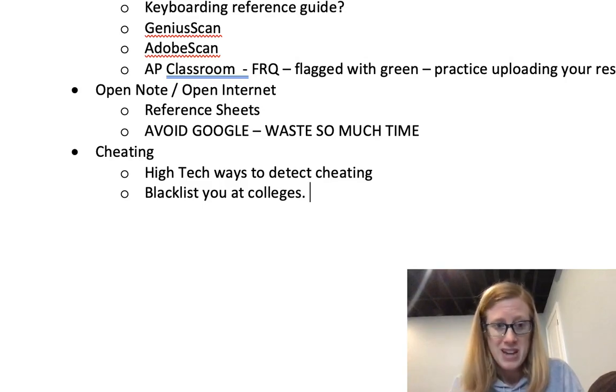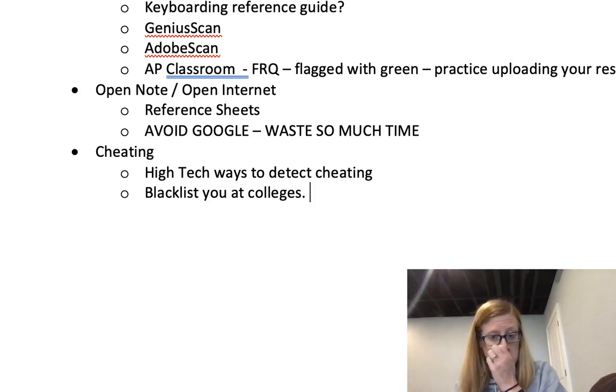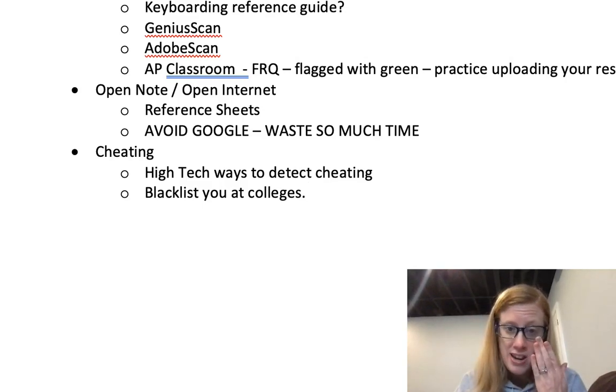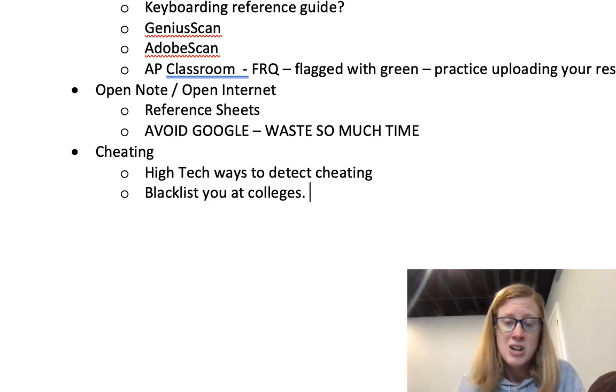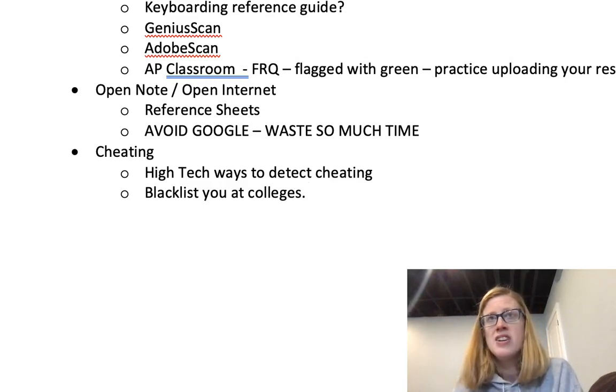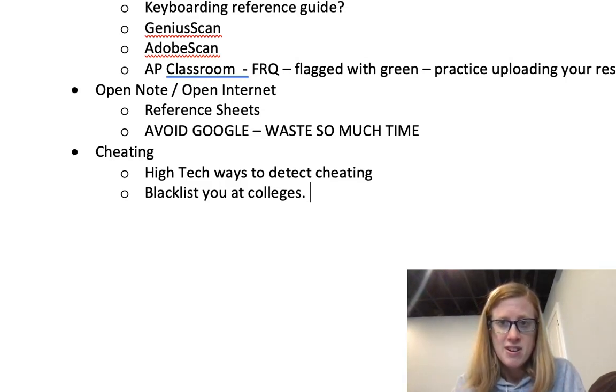No, it's probably not. They know your work. You've done stuff on AP Classroom all year, so they know what your work looks like. I know what your work looks like. So I would just say do the best that you can on your own as an individual effort. And I wouldn't test them here because they're really, really trying to prevent it as best they can.